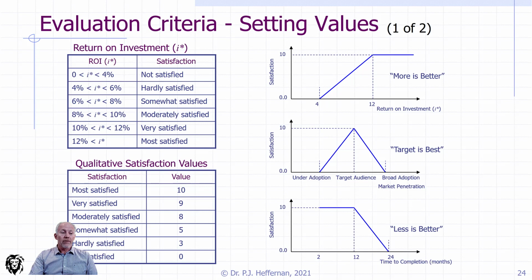And in other criteria, it may also be that less is better. So time to completion. Obviously, if it's going to take us a long time, we're going to score less. If it takes us too long, maybe that's one of those gates where we're just not going to consider it because it's not worth the investment. It's going to go too long. So coming up with these kind of criteria and how we're going to scale it shouldn't be a simple process.